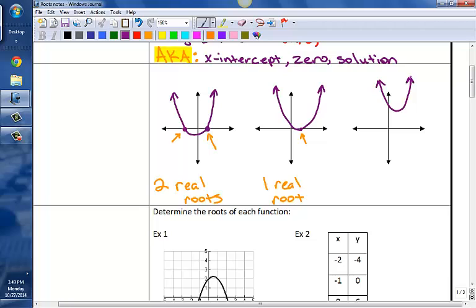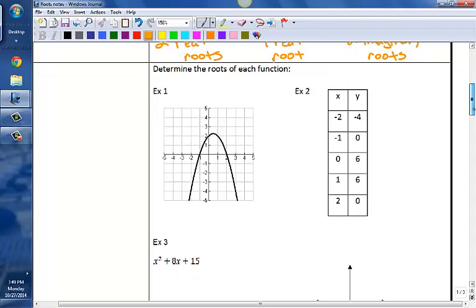If that's the case, then we say it doesn't have any real solutions, but instead it has 2 imaginary roots. Because at this point you would have to imagine them for them to exist, because that parabola is not going through the x-axis.